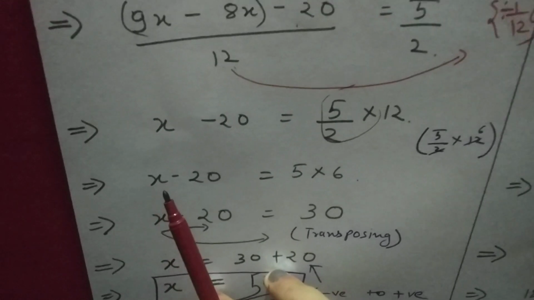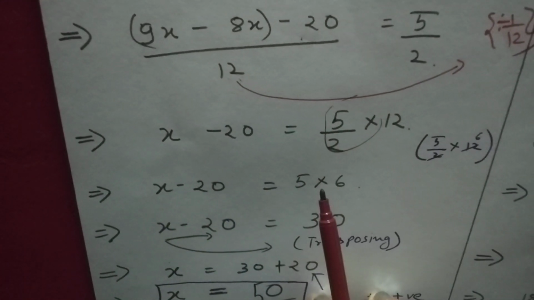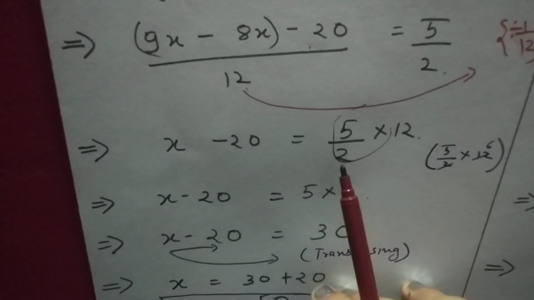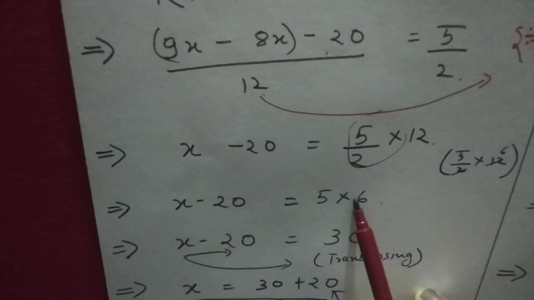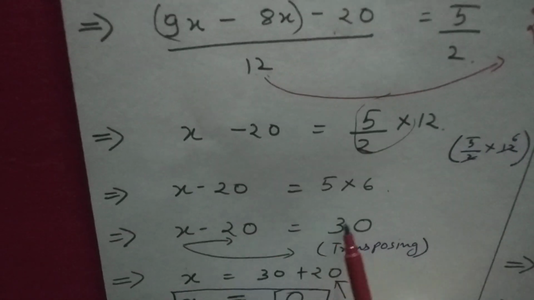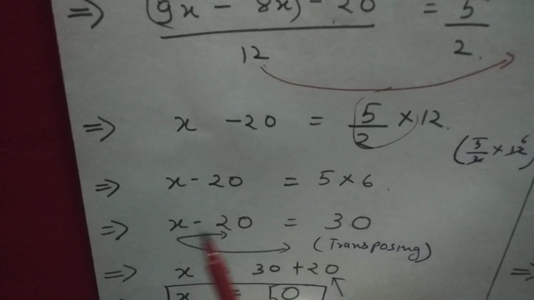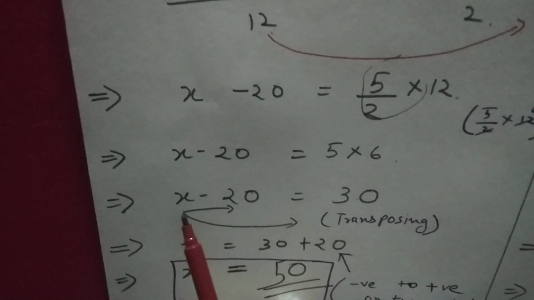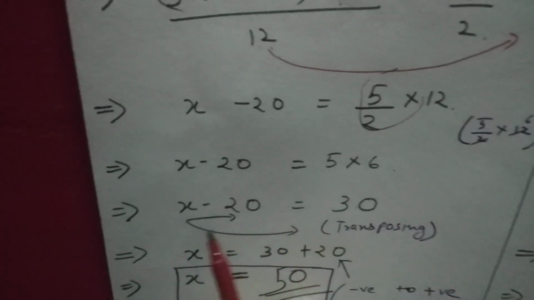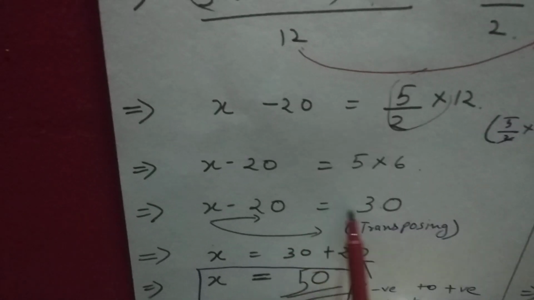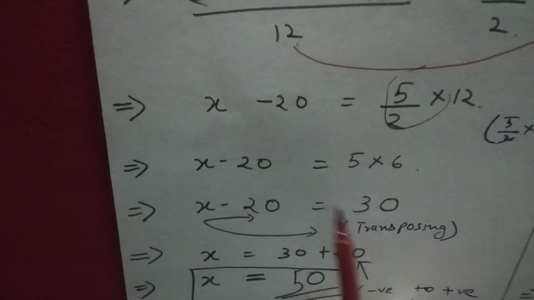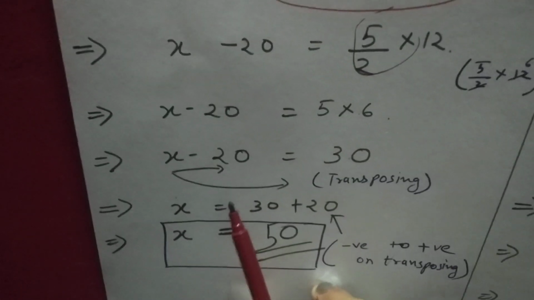Now here it is left x minus 20, and this 12 is 2 divided by 2, so we get the answer 6 here. Now in the next step, 5 6s are 30, x minus 20 is there. Now this is a very simple step. We have to bring constants together. 20 is a constant and 30 is a constant. So what is the step for this?